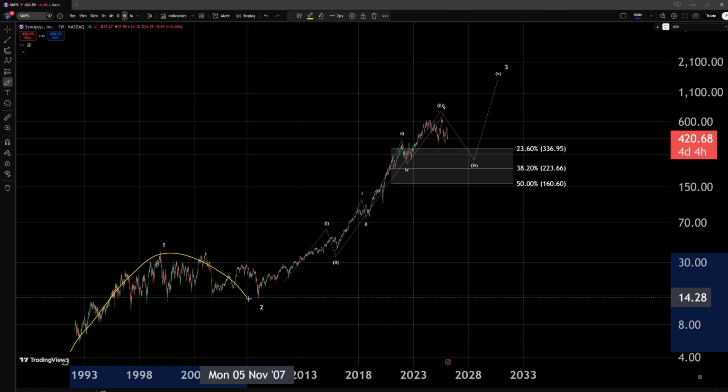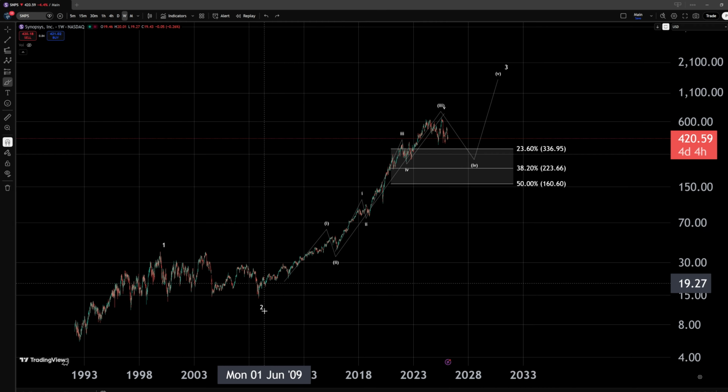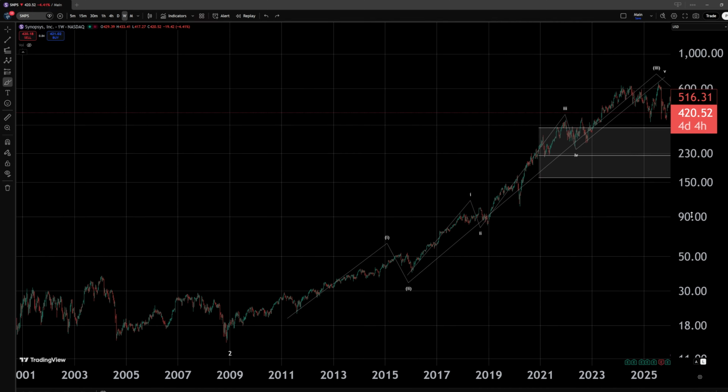here a 1-2 setup. We would be looking for a wave 3 to be unfolding to the upside, and within this wave 3 we actually even have a couple of options in this area.